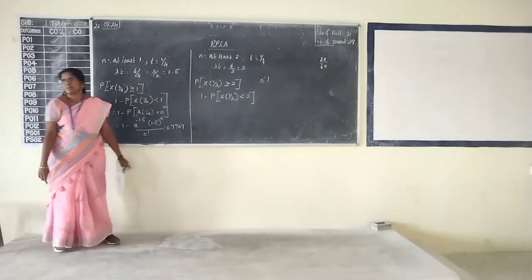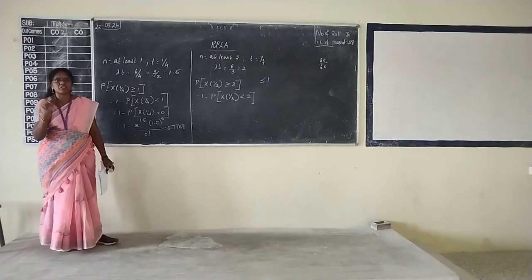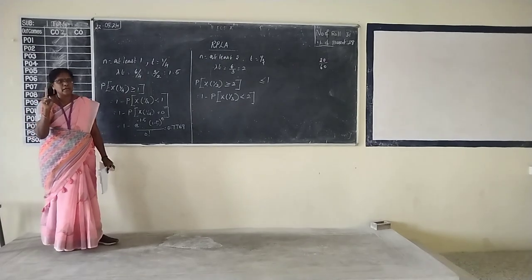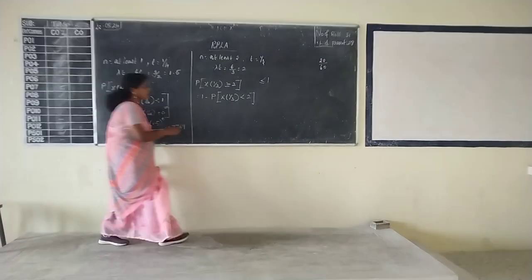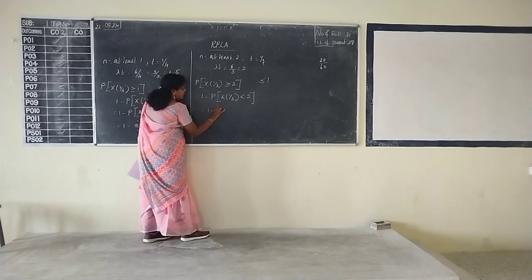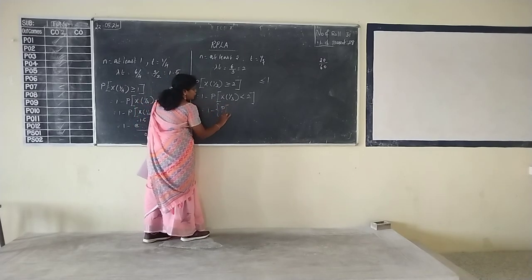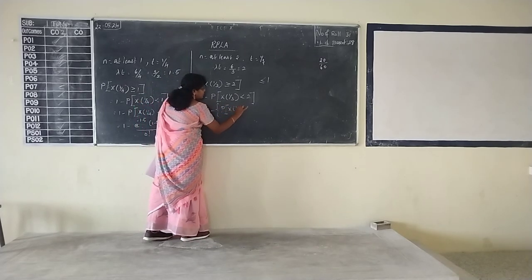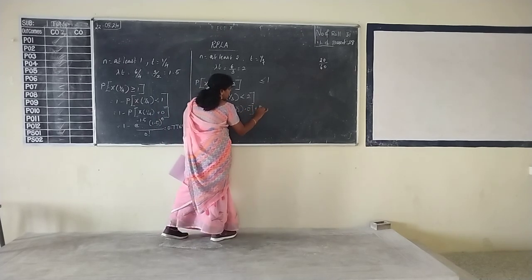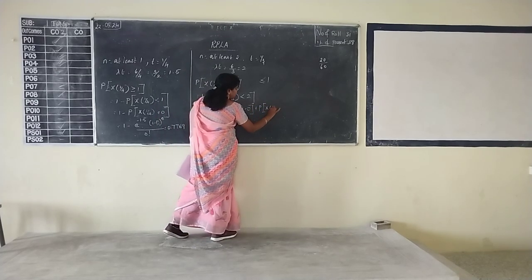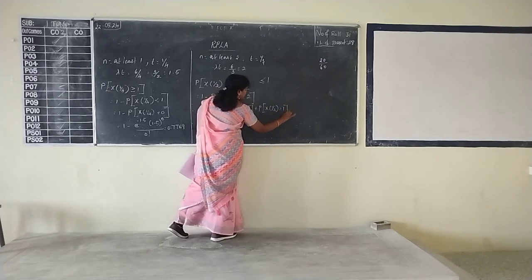If you put 2, it should be strictly less than. If you write 1, it should be less than or equal to, because 1 is inclusive. So this is equal to 1 minus probability of X in 1 by 3 hour equal to 0 plus probability of X equal to 1.